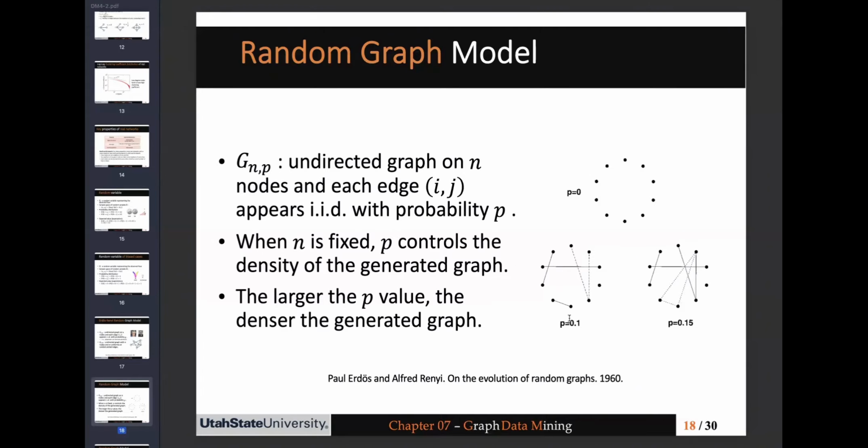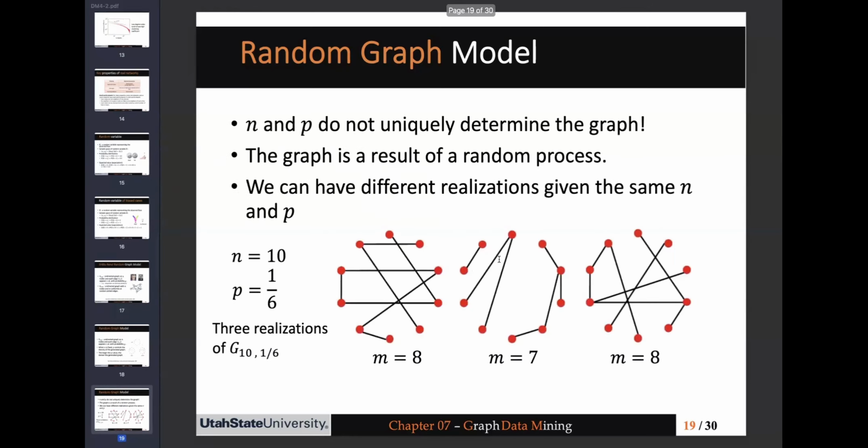So for example, p equal to 0.1 simply means that we have only about, in this case, 6 edges across all these nodes here. As we increase p, of course, the graph becomes more and more dense in this case. So p plays the same role as the probability of heads or tails for the case of the coin toss example. It just controls how likely an edge will appear in the graph in this example here.